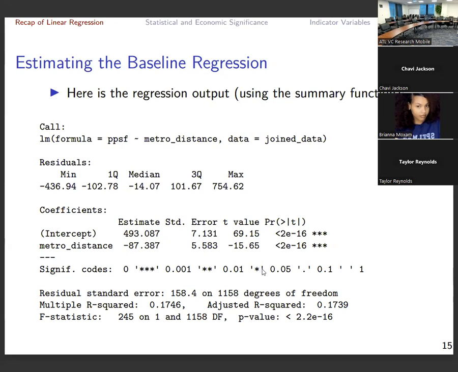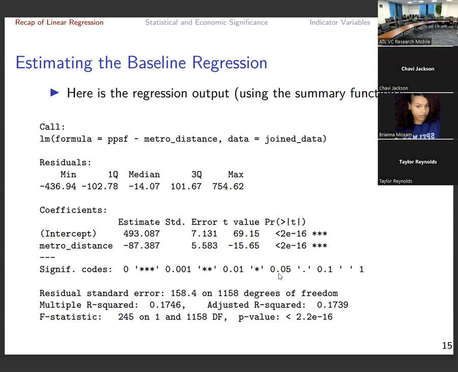Oh, okay. So it is significant at... This is always hard to see. So nothing would be not significant. A period would be significant at the 90th percentile, and so in that case, your significance level would be 10%.